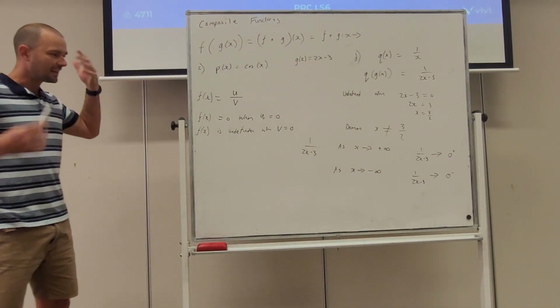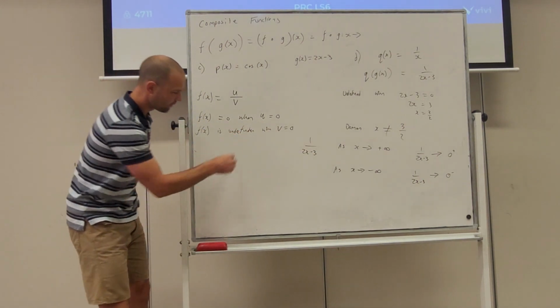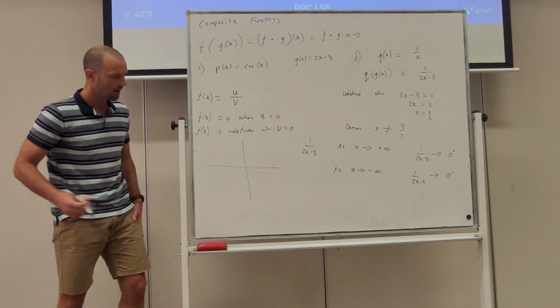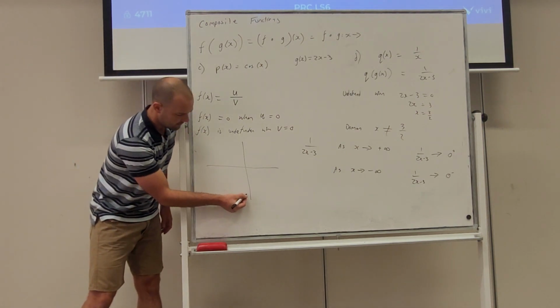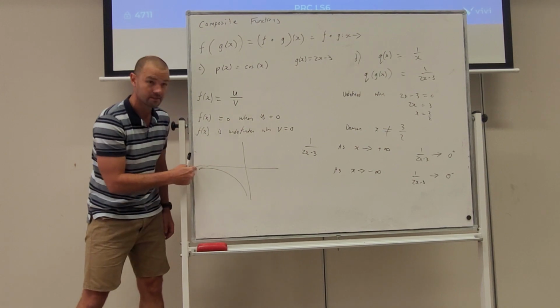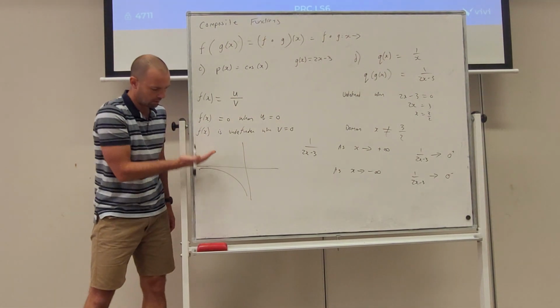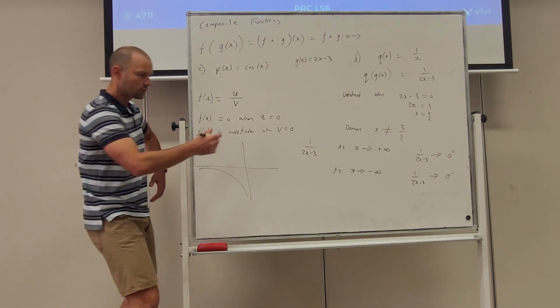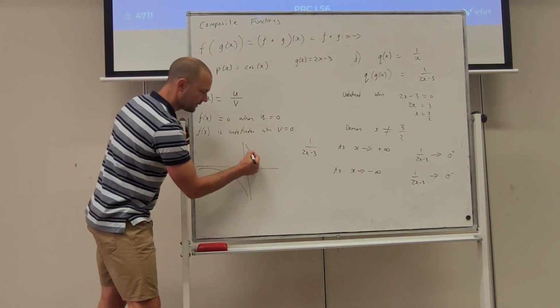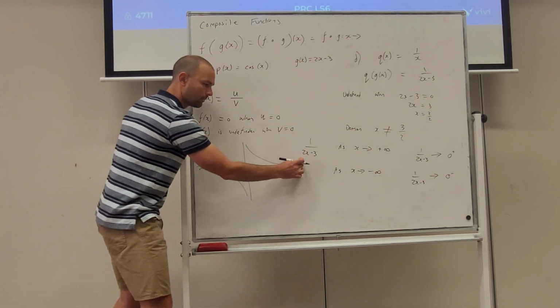So if I've made this argument up here, we haven't graphed it yet, but if we think about what's going on, as x approaches negative infinity, it's approaching 0. See how it's getting closer and closer to 0 here from the negative direction, from below. And as x approaches positive infinity, as I'm going in this direction, it's approaching 0 from the positive direction.